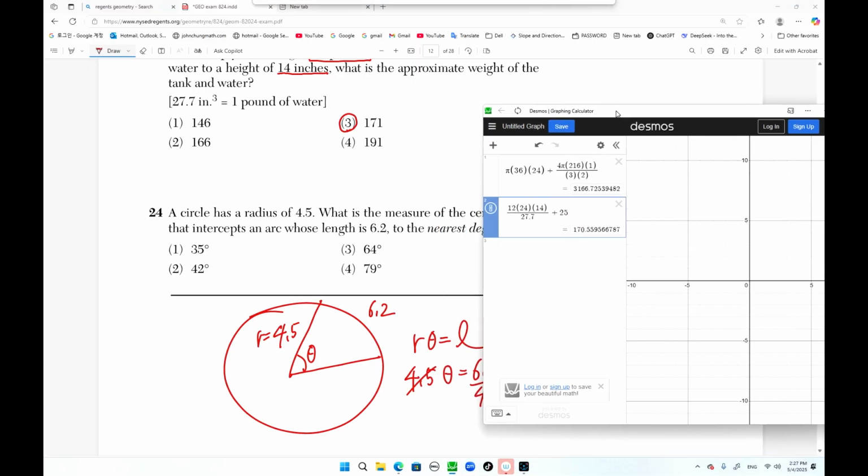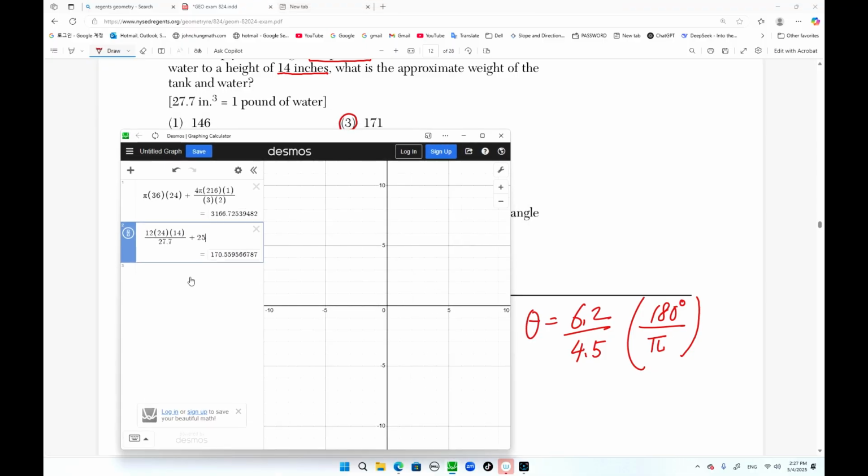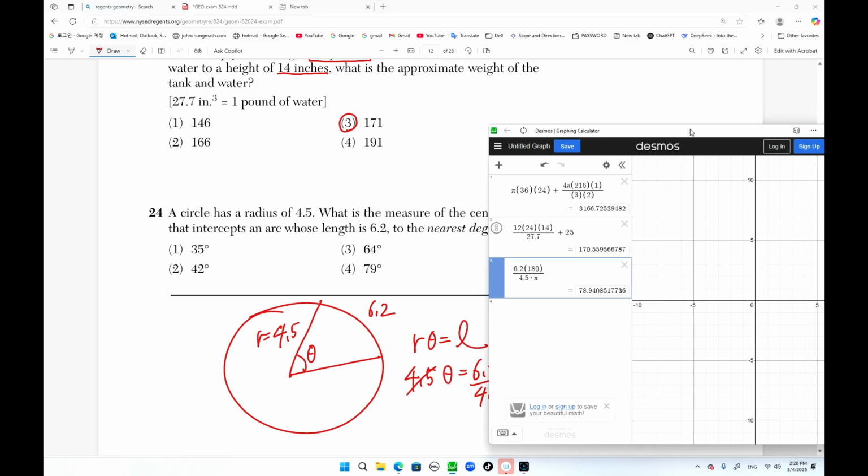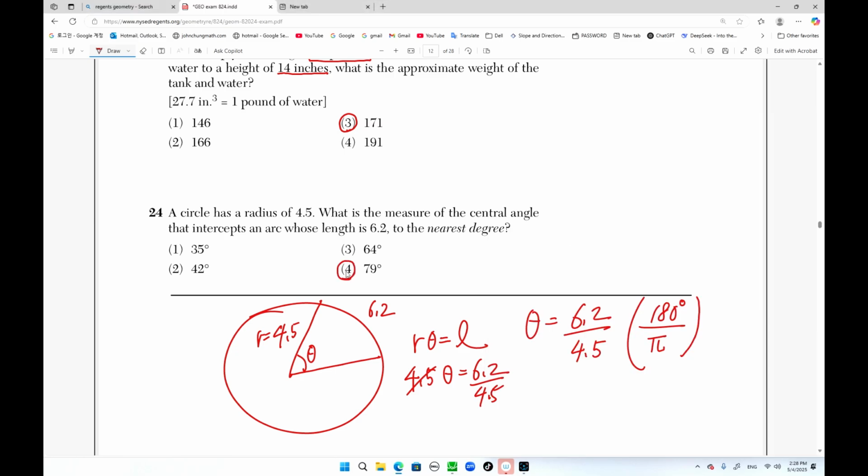Let me see. 6.2 divided by 4.5 times 180 over pi, right? 78.9. We got 79. Okay. Option 4 is 79. Okay.